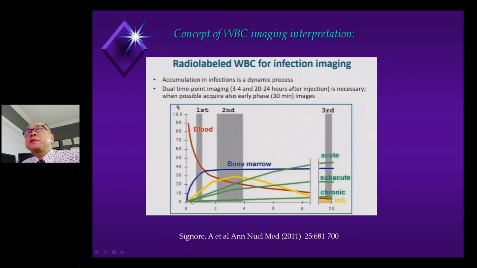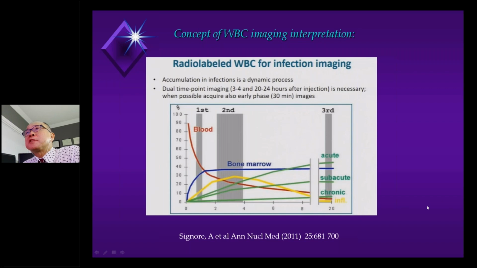And here is what in theory happens in a chronic infectious setting. You do have some infiltrate of activated neutrophils. It's just a much lower concentration. So that is to say the amplitude of that curve is much lower. Therefore, unfortunately, to be able to see enough activity as target beyond background, you need to image far beyond 24 hours.